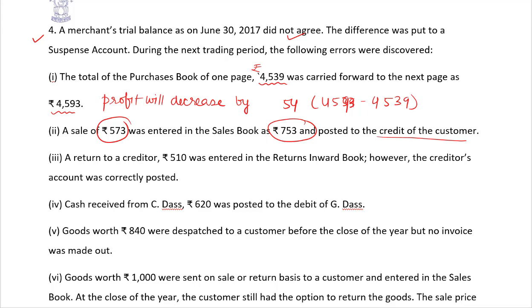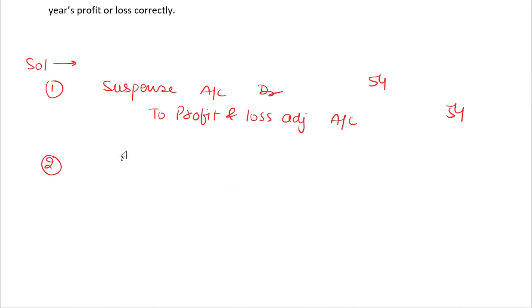Over here, ideally the customer needs to be debited, but by mistake we have credited it, so we need to rectify. 753 minus 573. The difference is 753 minus 573. Okay. So we are solving this.